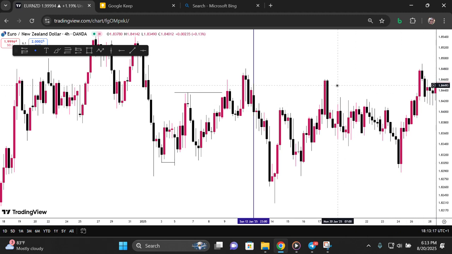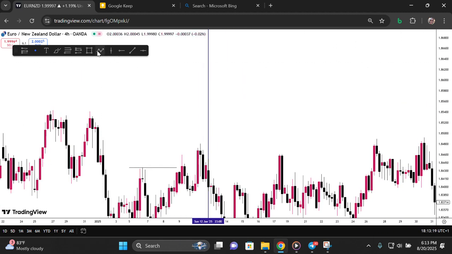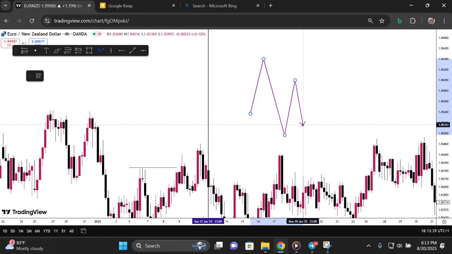Now let me just explain this for you. Anytime you have a structure and you're expecting price to take out, let's say you have a series of lows, price is coming, you're expecting price to break this low, but it doesn't break that low. It just went back up, came back to sweep that low that was expected to be broken, but still did not break it, and went back immediately to change the structure.